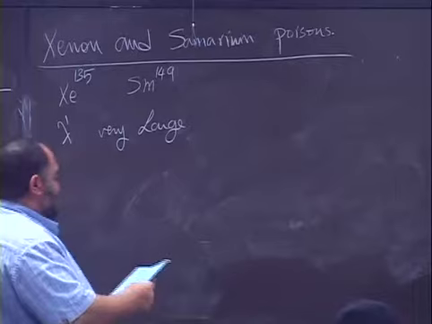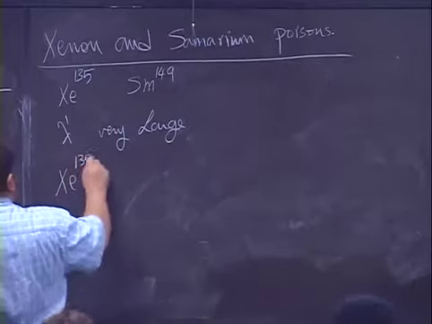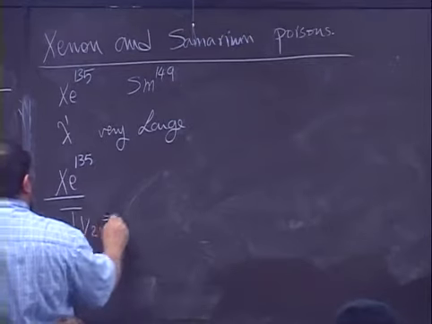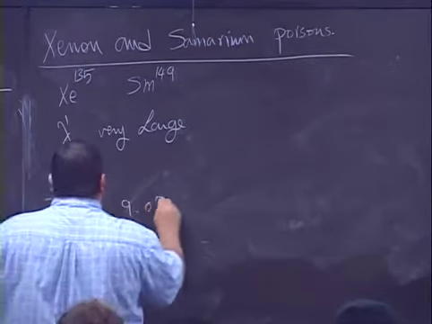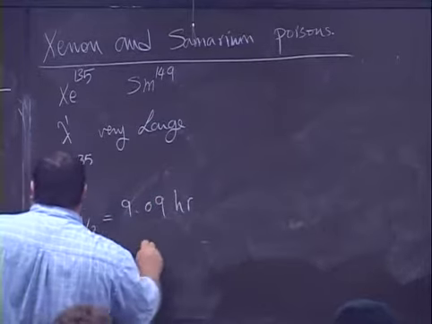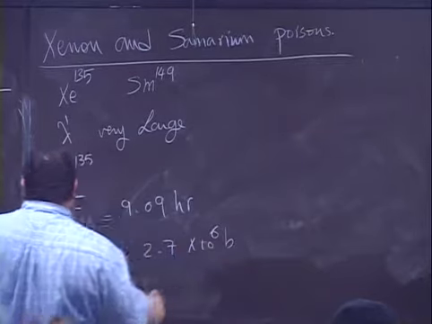So let's look at the case for xenon-135. You have T half, just wrote it, 9.9 hours. Sigma absorption is 2.7 × 10^6 barn.